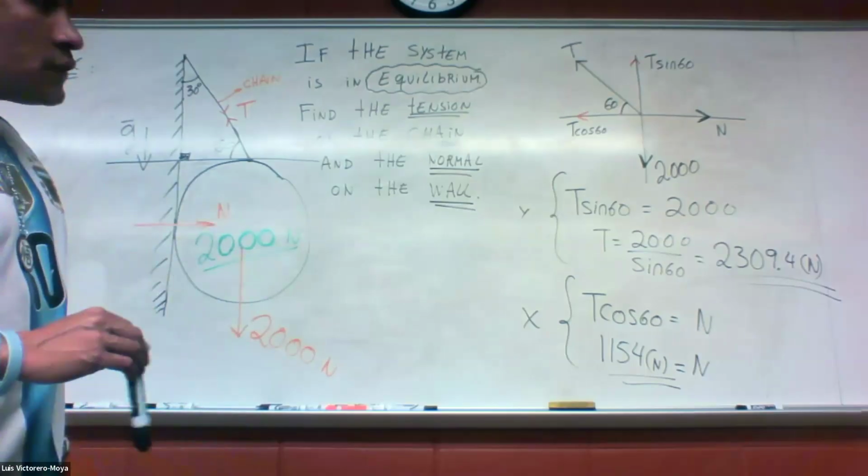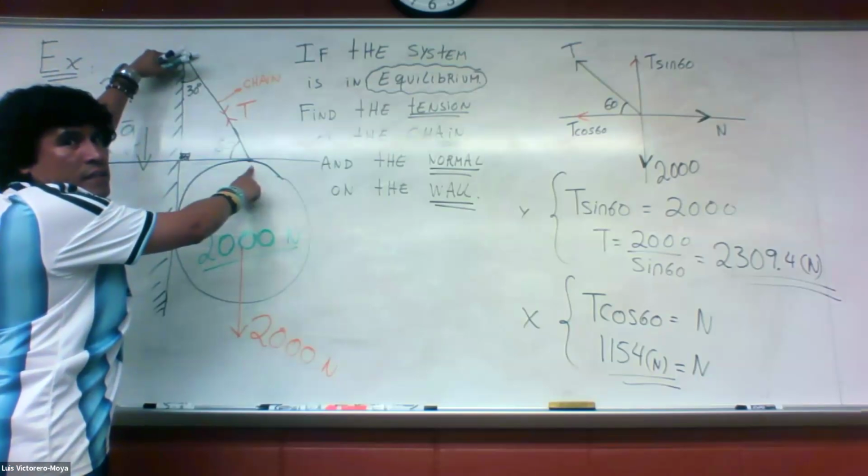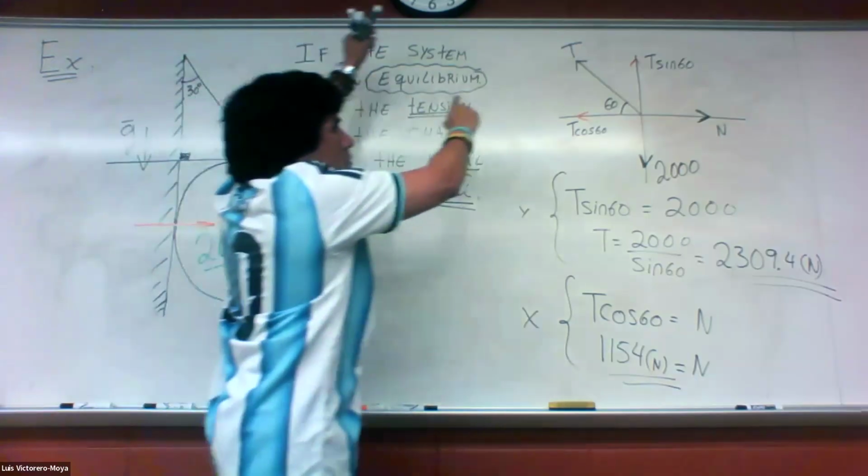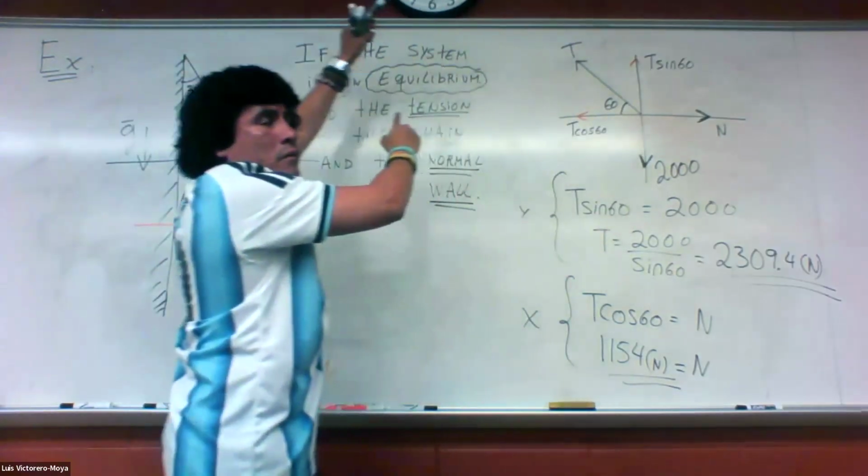Sorry, why was the tension in the second quadrant? I know because the ball is being held up, right? But then how do we know why it's on the left and not the first one? Because this is leaning like this. So you just basically move this here, like a vector, remember?